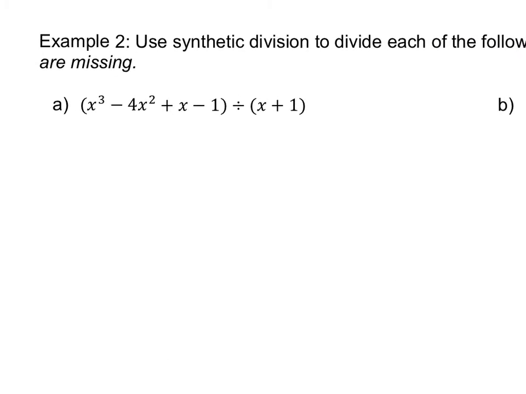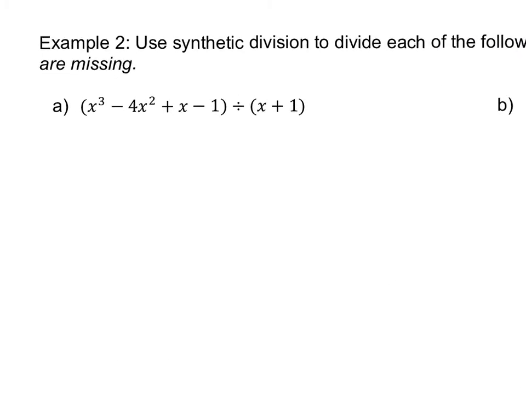Synthetic division is great when you have to divide with something that has 2 terms and just happens to have an x to the first power. This only works when you have x to the first power and the leading coefficient is a 1. So this only works when you have x plus a number or x minus a number. Anything else, you don't want to use synthetic division, it doesn't work. There are other ways you can divide, but we won't teach that here in Algebra 2.